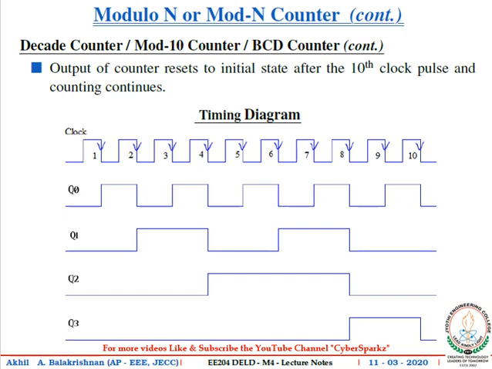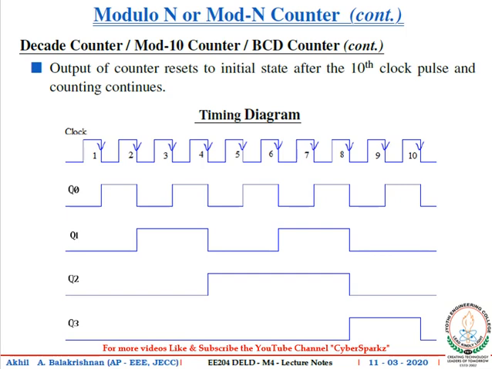All the other flip-flops are not obtaining any negative edge, so their outputs remain the same. At the end of the second clock pulse, again the first flip-flop changes its state from 1 to 0. Note that this 1 to 0 transition gives a negative edge, which in turn triggers the second flip-flop.